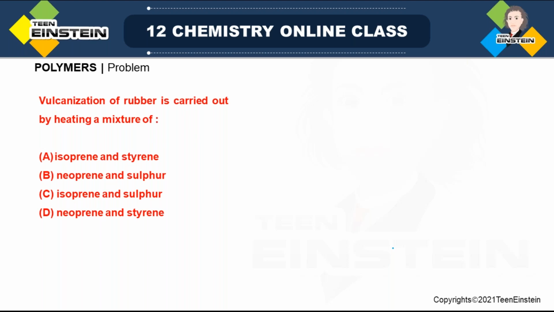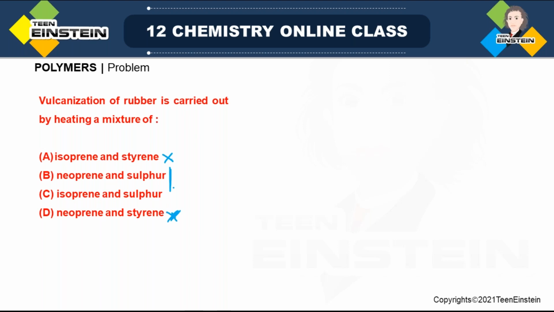So obviously when you are heating this mixture, one part must be sulfur. So these two you can easily cancel, because in these two options there is no mention of sulfur. Only in these two options there is mention of sulfur. So either B or C will be correct.